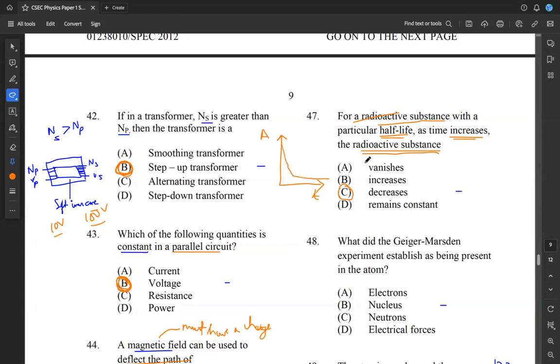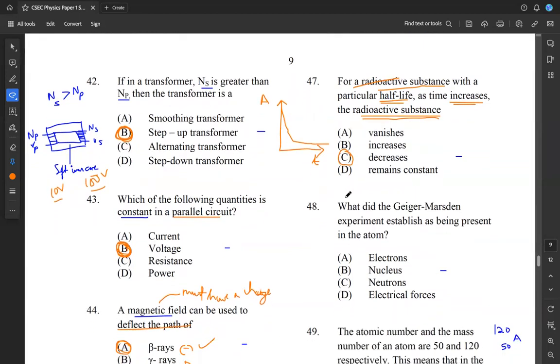So we can't say it vanishes because the radioactive substance is never going to completely vanish, but it would gradually decrease, decaying like this, and then it just kind of levels off like an asymptote to the x-axis. It doesn't vanish, but it decreases over time. So as time increases, our activity or the mass of our radioactive substance is going to gradually decrease. So our answer for 47 is C.